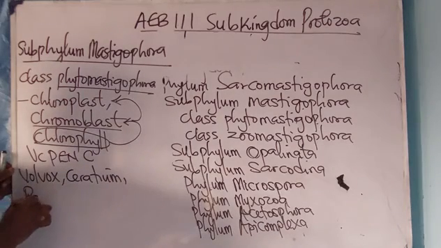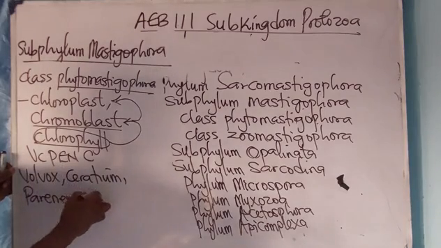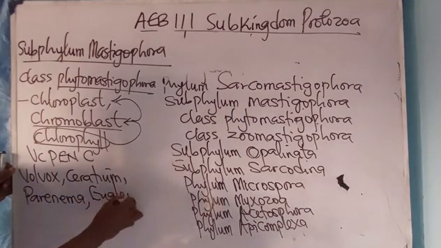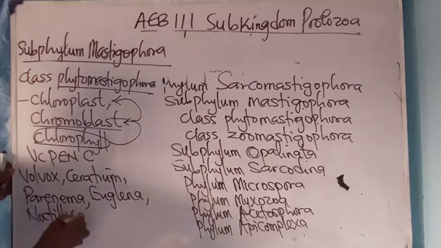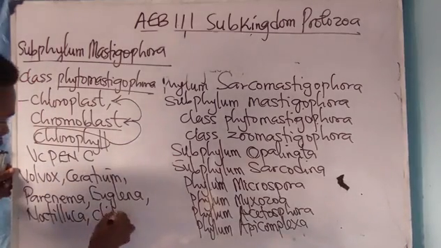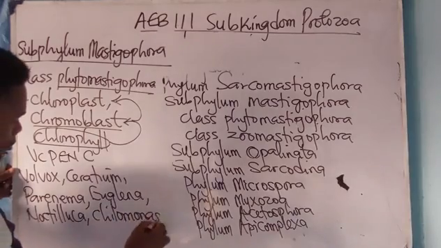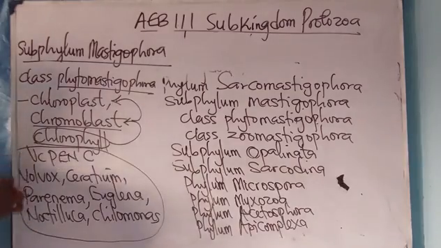P stands for Paranema. E stands for Euglena. N stands for Noctiluca. And C stands for Chilomonas.